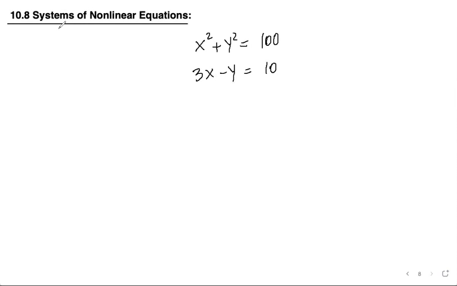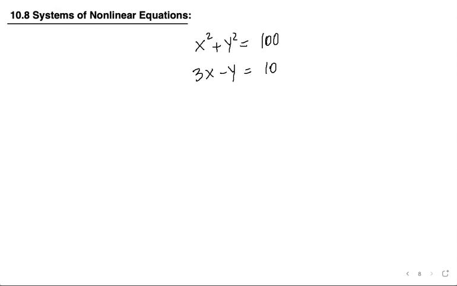System means a set of equations. So this has equation 1 and equation 2, and this is called a system. Now we're going to learn how to solve this system, how we can find the value for x and the value for y.